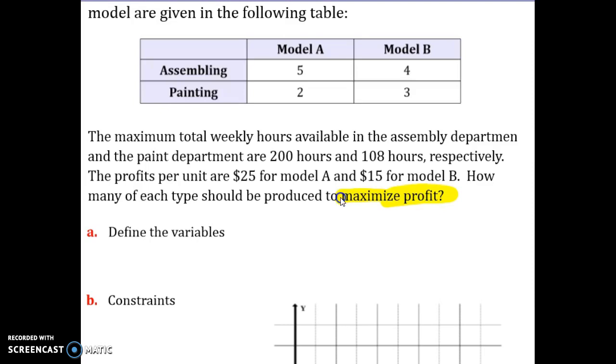Well, I'm maximizing it by selling different model bikes. I get $25 profit for model A and $15 for model B. That's going to come into play. That right there is my objective function. My total profit is going to be $25 for model A, $15 for model B.